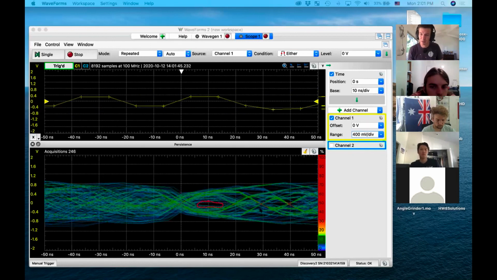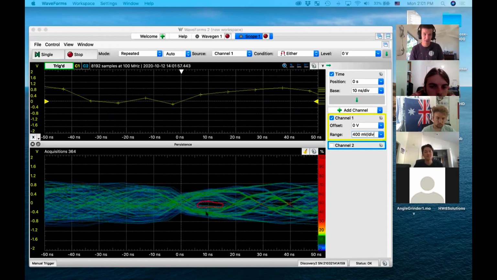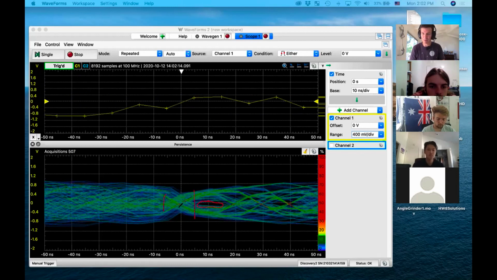I've essentially invented a channel impairment by just pushing the data rate beyond what the little chip here on the Analog Discovery can do. And so we're starting to get a whole bunch of timing jitter. Right, so now things that ought to have been lined up well in time are not. So it's not just the low passiness of the system, it's also the fact that we're losing some timing here as well.